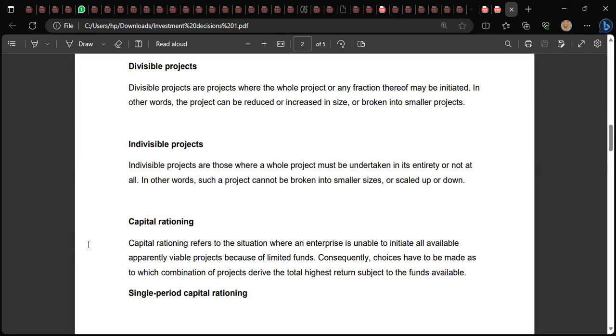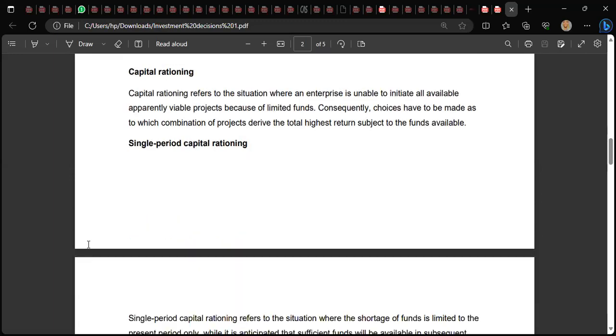That's an indivisible project. And then with capital rationing, we are referring to a situation when an enterprise is unable to initiate all available, apparently viable projects because of limited funds.